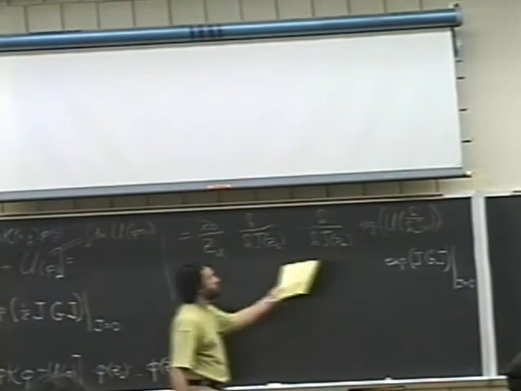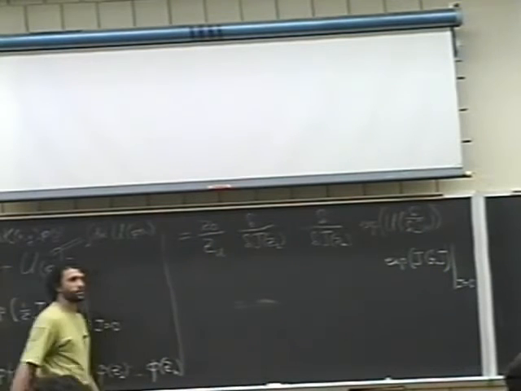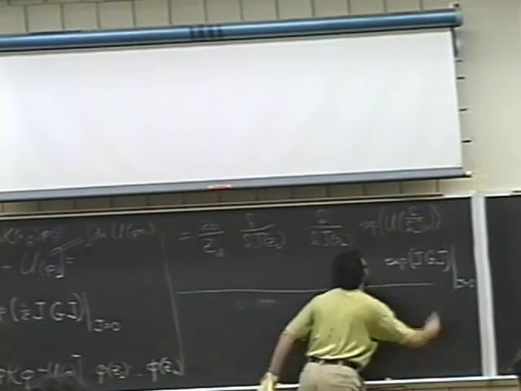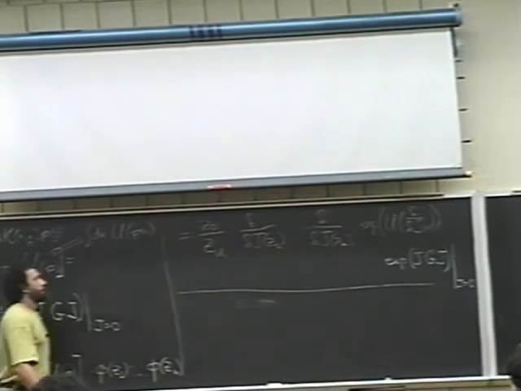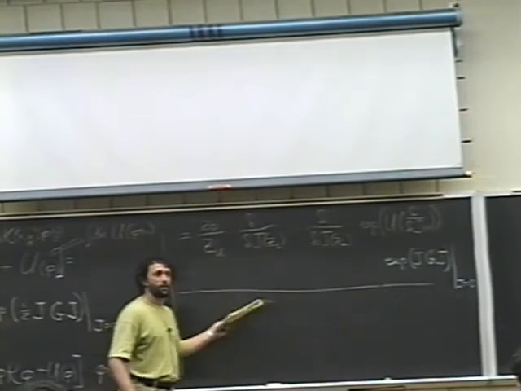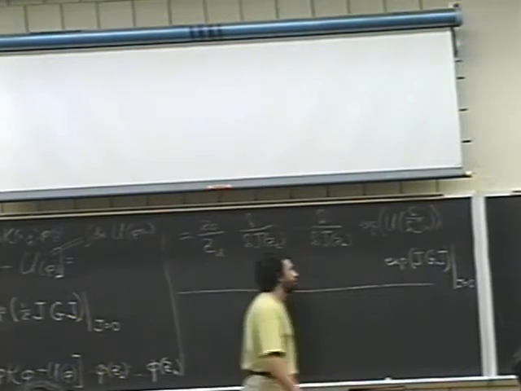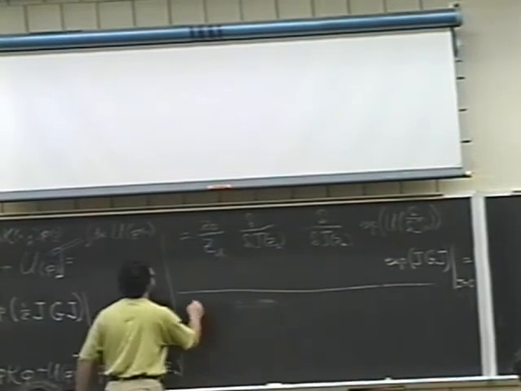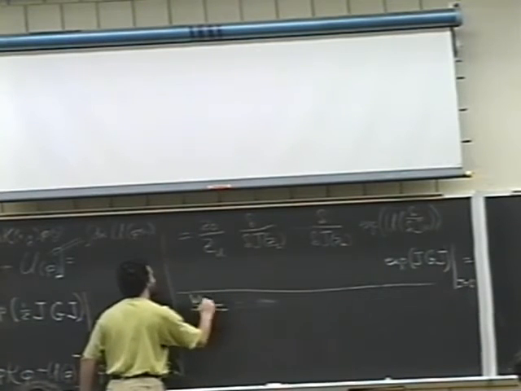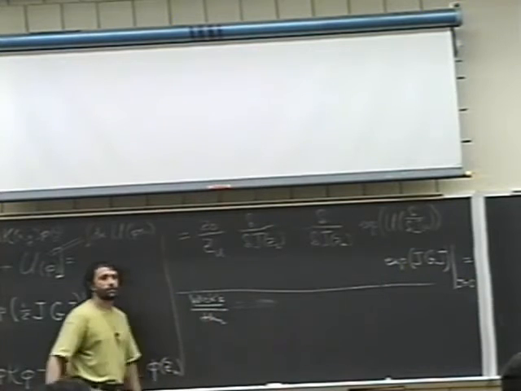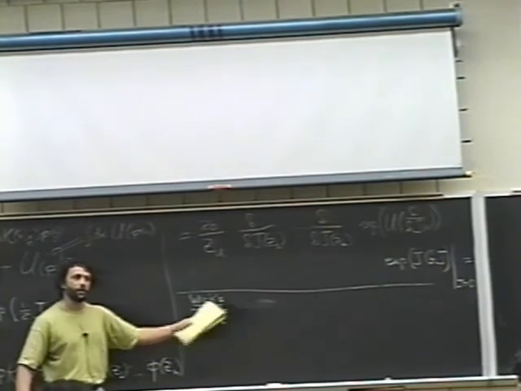So it's precisely the same formula as in the finite dimensional case. And then of course by Wick's theorem I can do the same things as we did in the finite dimensional case. I can write it as a sum over all pairings.